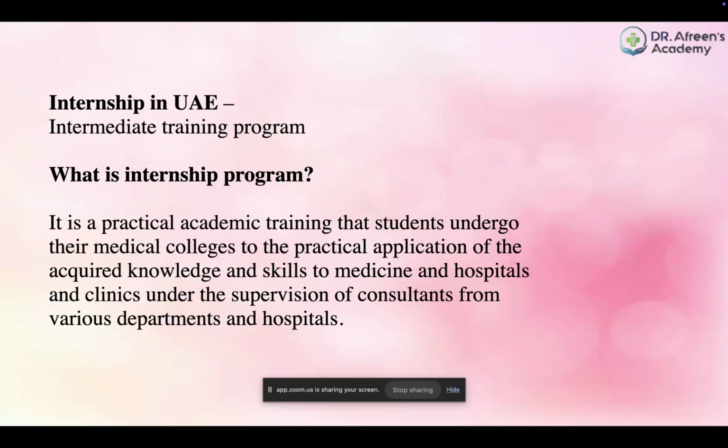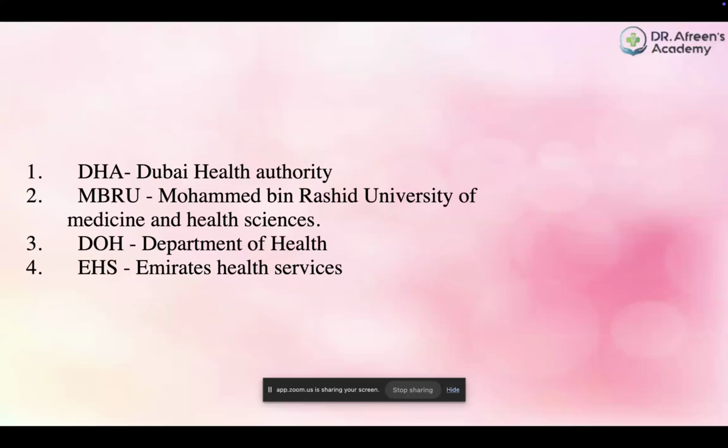So that is the definition. If you ask me what is internship program, it is this. It is a 12 months clinical training program. In whichever authority you get into, it will be 12 months. It will be 6 months of training in the medical departments and 6 months in the surgical specialities or departments.